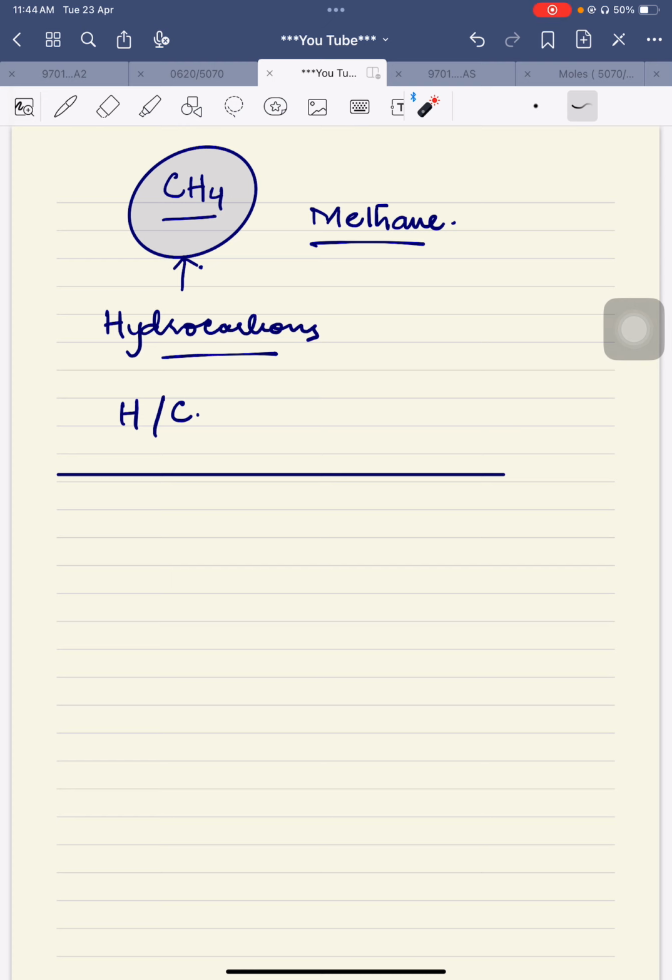Before moving towards the details of organic chemistry, I would like to bring your attention to certain definitions related to it. Students who have practiced past papers might have seen that the examiner asks, define this, define that. It means the examiner pays attention to different definitions in certain parts of the syllabus.